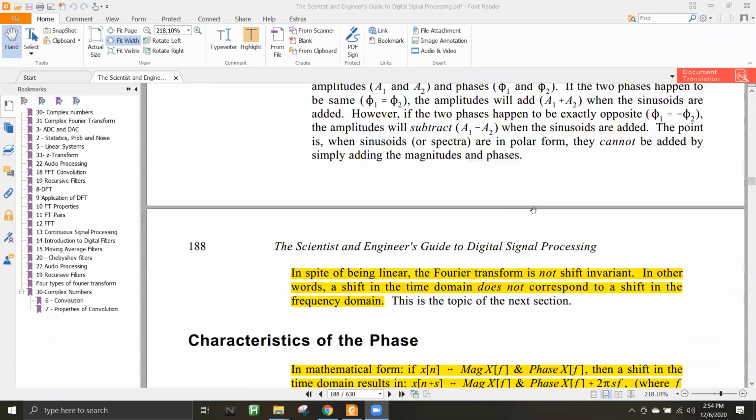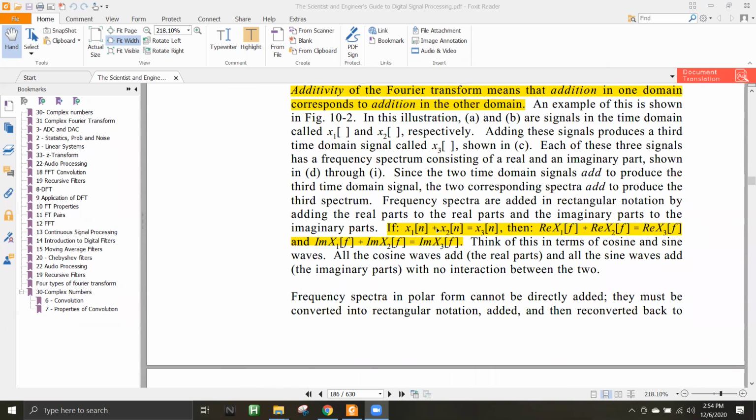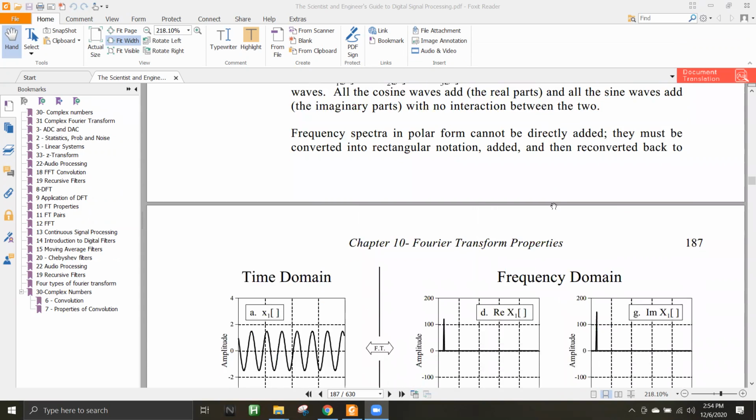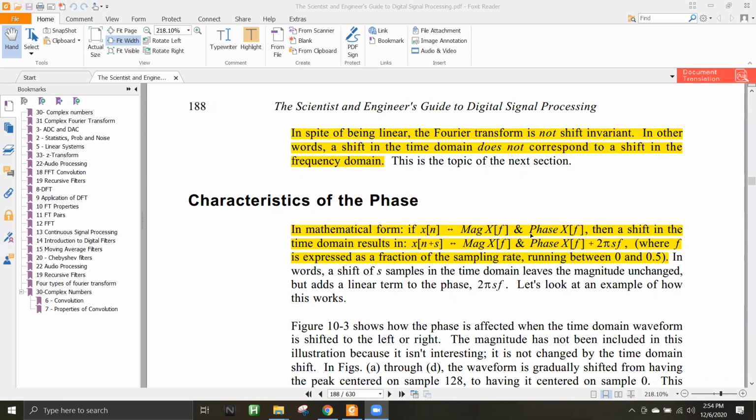One thing to remember is that adding two complex numbers is easy in the rectangular form, and on the other hand, shifting is easier in the polar form. Notice that in case of shifting, only the phase changes, the magnitude does not change. But if you think about the real and imaginary parts, it is difficult to find what would happen if you shift the time domain signal.